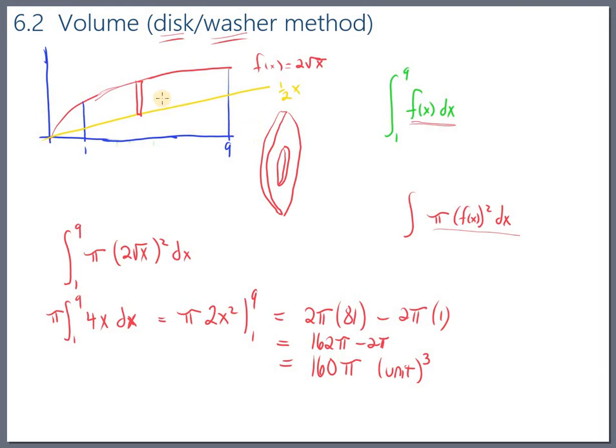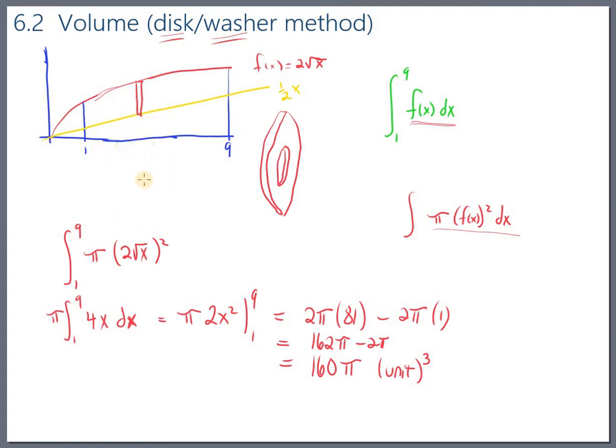It's just a washer if you're getting the area between two curves and rotating them around. So that gives you this washer, this hole in the middle. And really the beauty of this is there's not much modification that's needed here. We're really still just going to find the total volume as though there were no hole in the middle. And then we're going to subtract off the middle part.